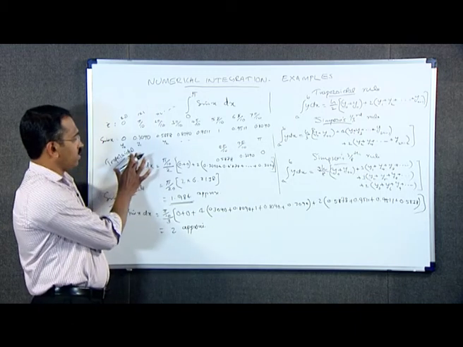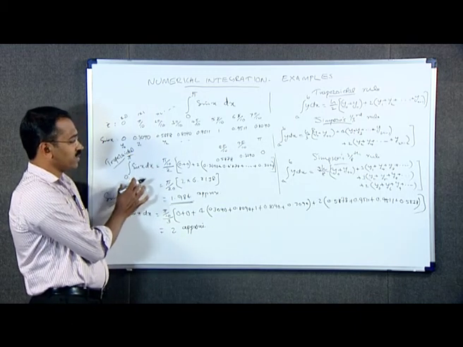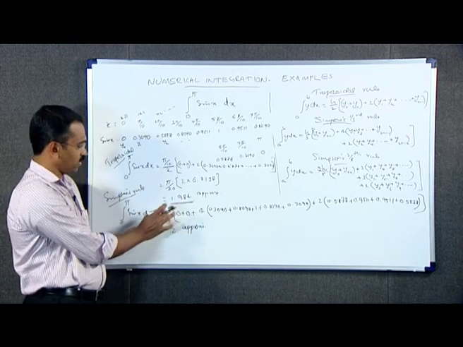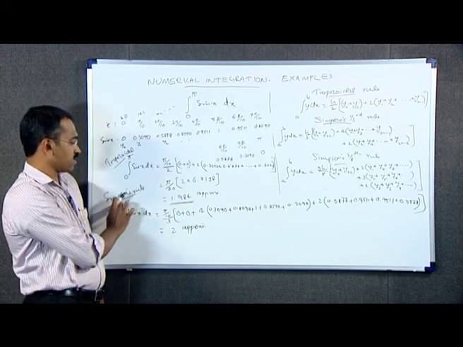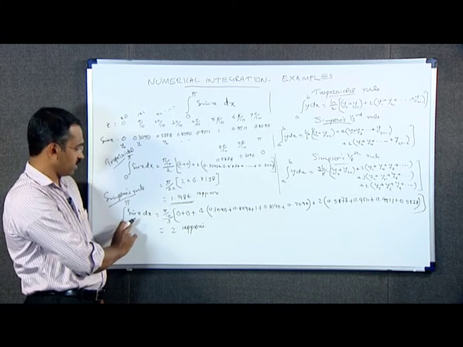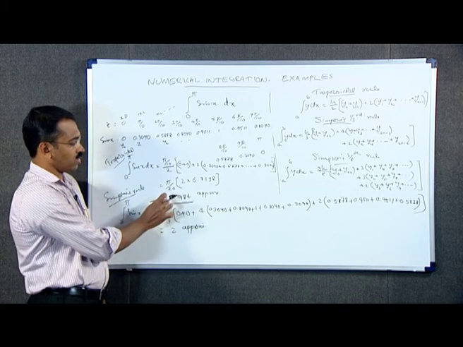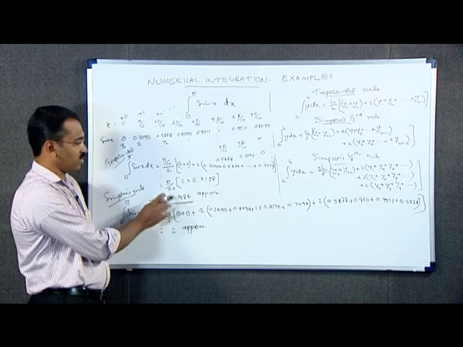If we use the trapezoidal rule, we will get the value of this integral as 1.984 approximately, and if we use Simpson's 1/3 rule, we will get the integral from 0 to pi of sin x dx as 2. Both are approximately equal.